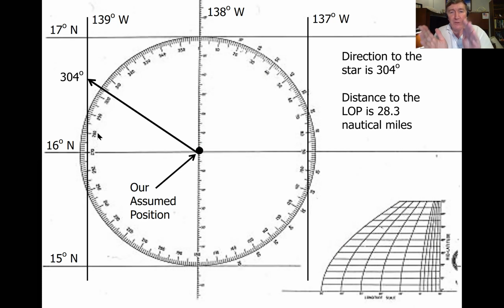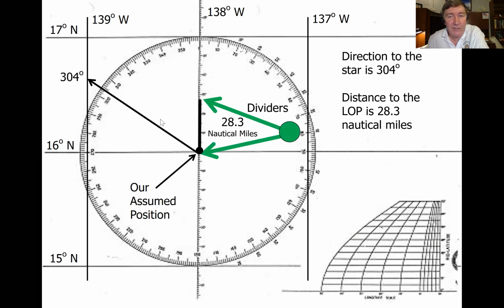So we move along this line that we just drew, a distance of 28.3 nautical miles.